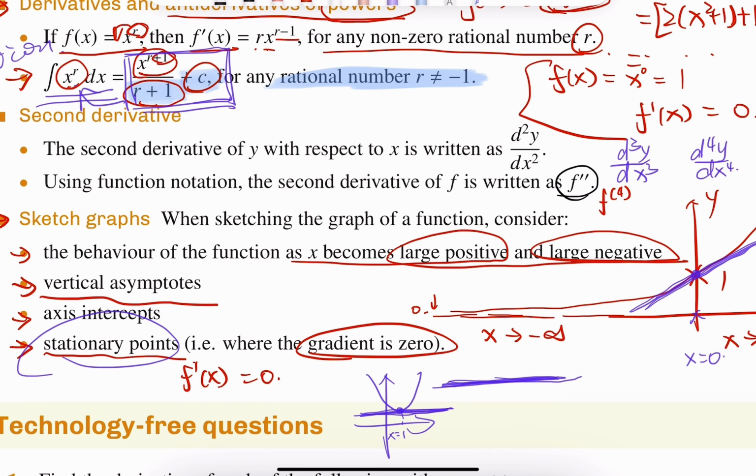This is called local minimum. And we also can have a local maximum, which also corresponds to a stationary point.